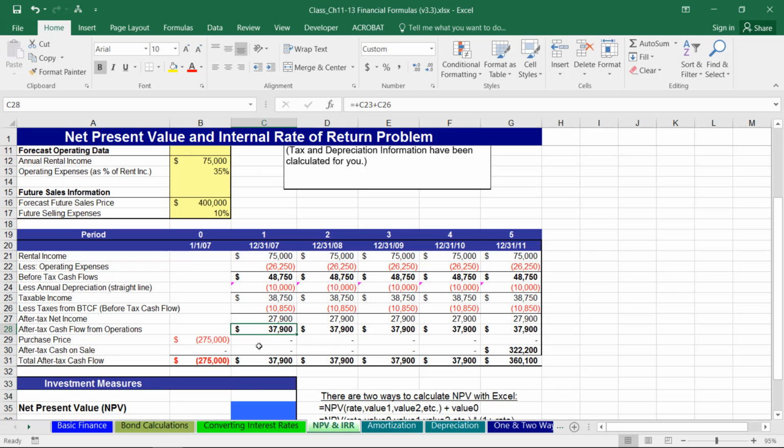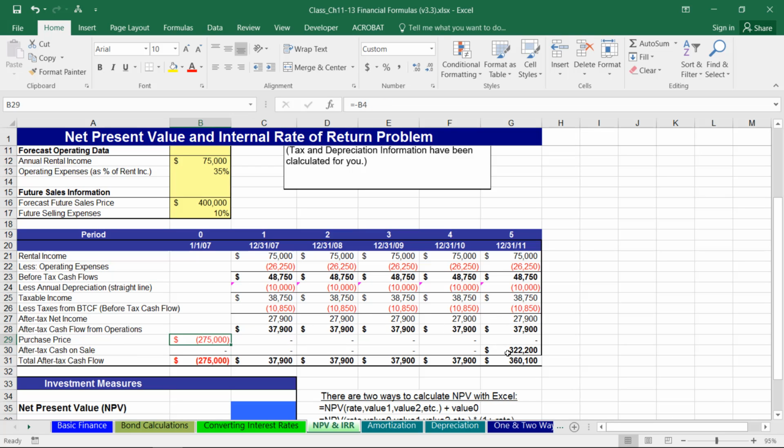Why do we add back that $10,000 depreciation to get after-tax cash flows? That's right. Many people don't understand that depreciation is not a cash flow. It's just something that allows us to pay less taxes and to show more the correct value, although the value argument is questionable. So we've taken those cash flows for all 5 years.